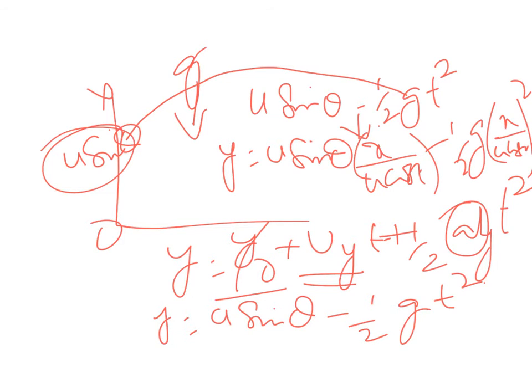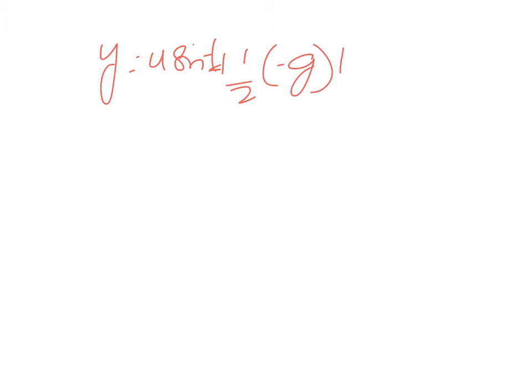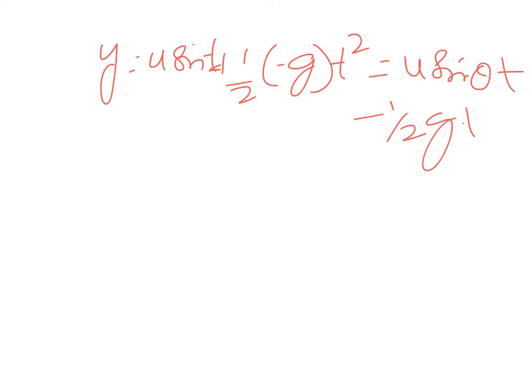So I'll take another page to explain it further. We have y is equal to u sin theta t plus half into minus g t square, that is u sin theta into t minus half gt square.